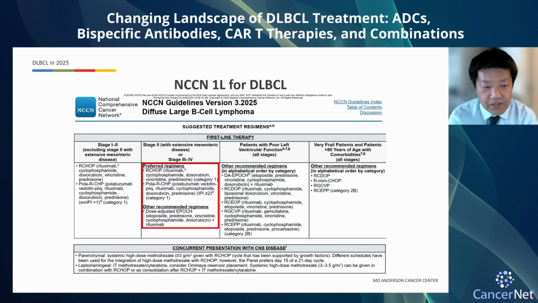As Dr. Young mentioned, in general we use dose-adjusted EPOCH for double-hit lymphoma patients, and we tend to use Pola-R-CHP for ABC large cell lymphoma, as shown in the POLARIX trial. But unfortunately, the Hans classification that's readily available in clinic is not a representation of the gene expression profile-based classification, so there remains a huge challenge in how to select these regimens for first line.